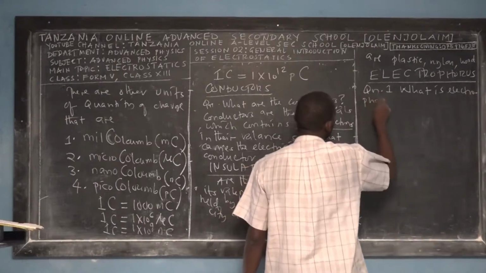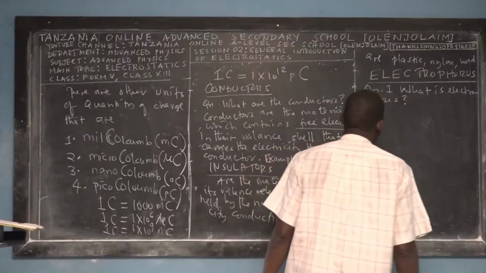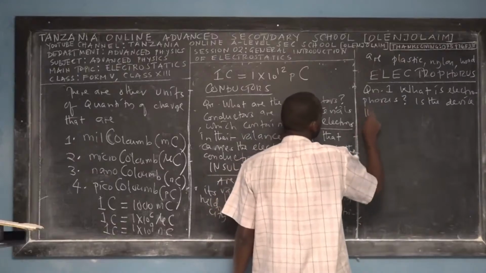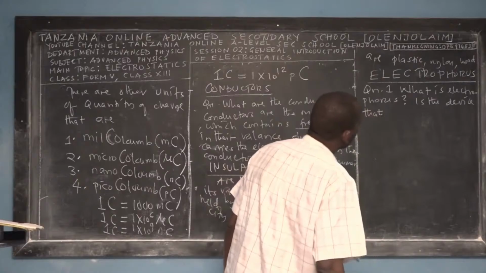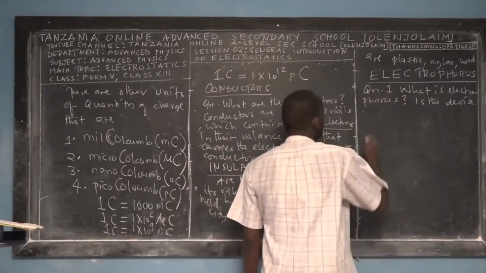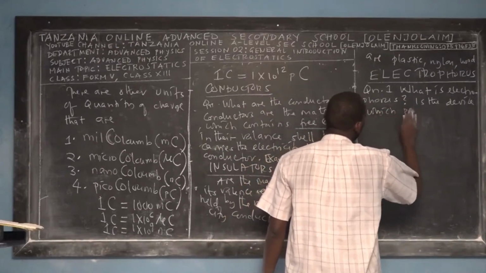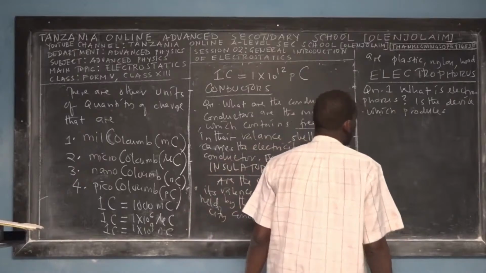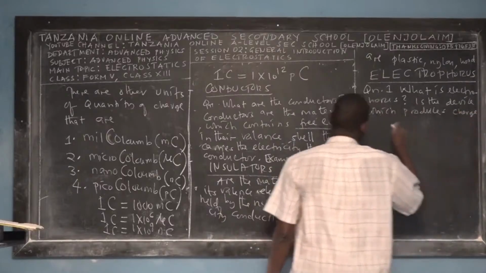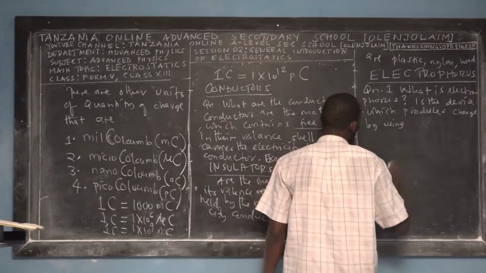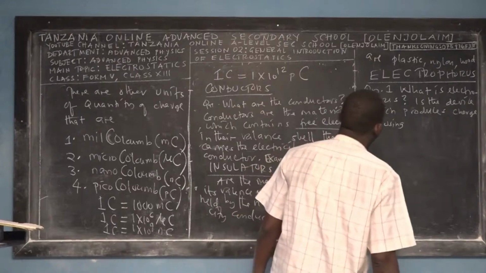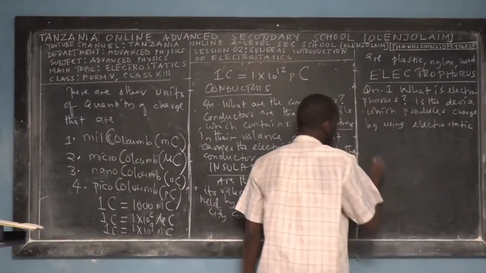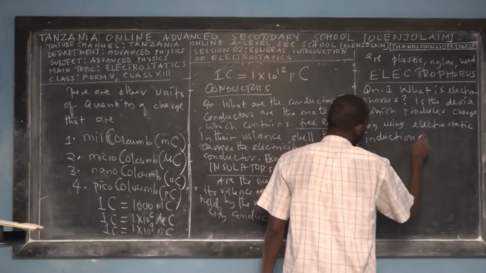What is an electrophorus? It is a device which produces charge by using electrostatic induction.